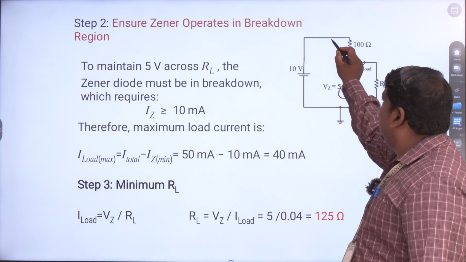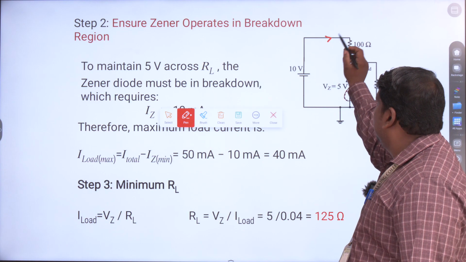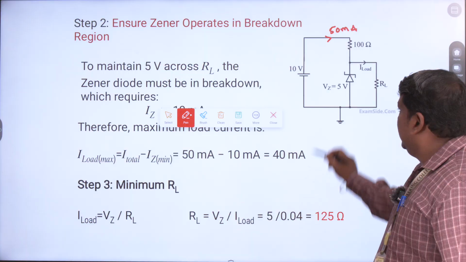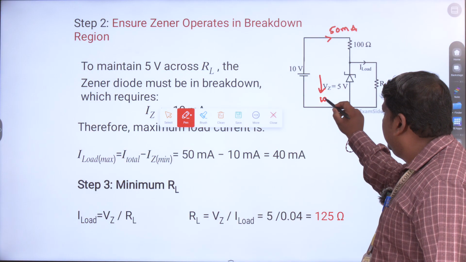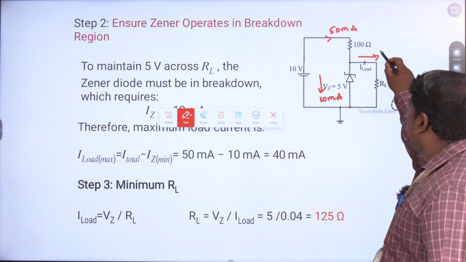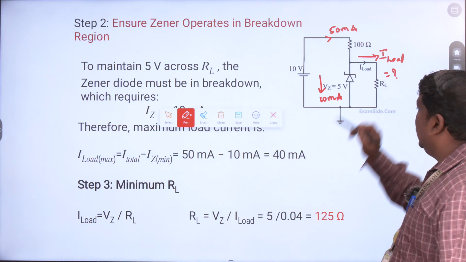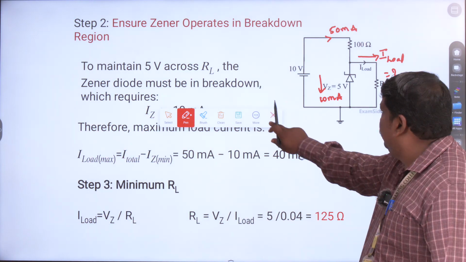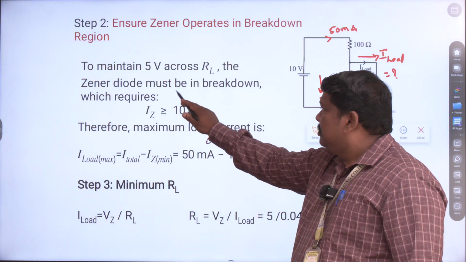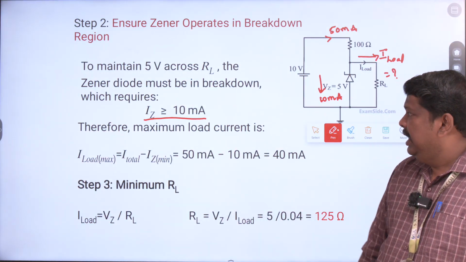So now we know that this current is 50 milliamps, and the Zener current is 10 milliamps. What is the current flowing here? It is the load current, which we are going to calculate next. We know that the Zener must be in breakdown, which requires a Zener knee current of 10 milliamperes.